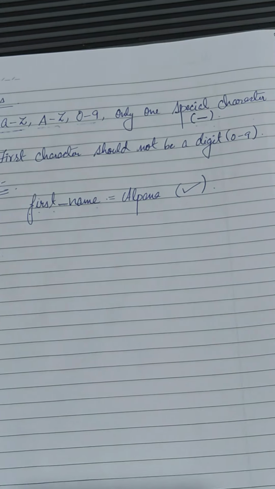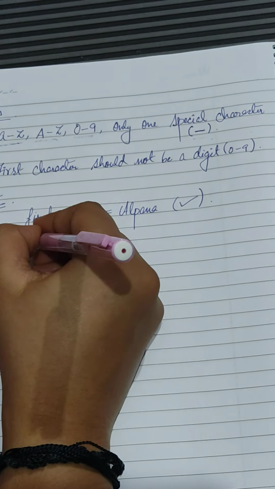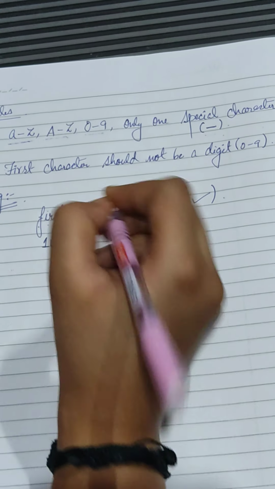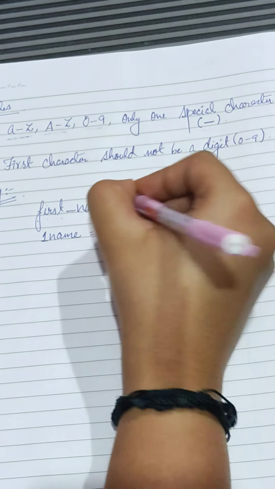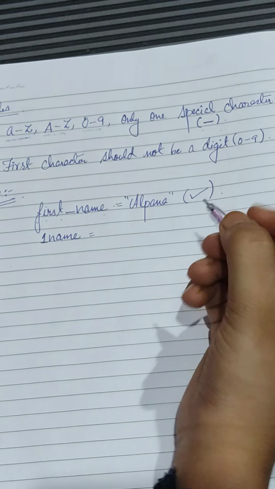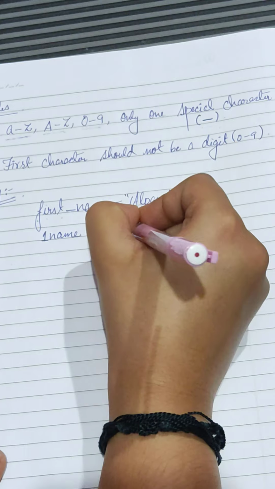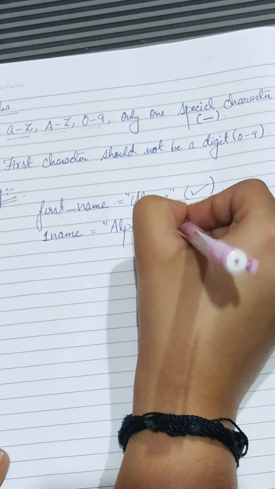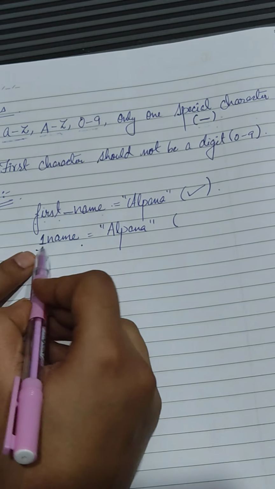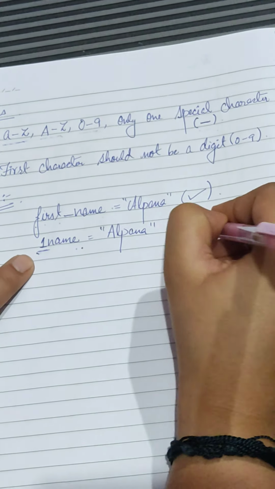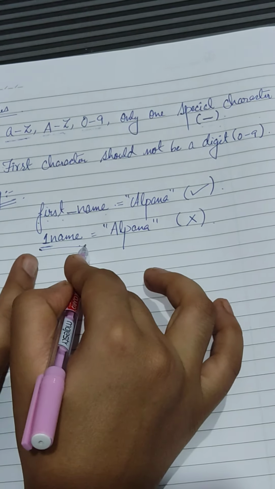If I had written it like 1name, is it correct? Here one name, I had given the value as Alpana. So can the variable name start with a digit? No. So it is not a right variable name.